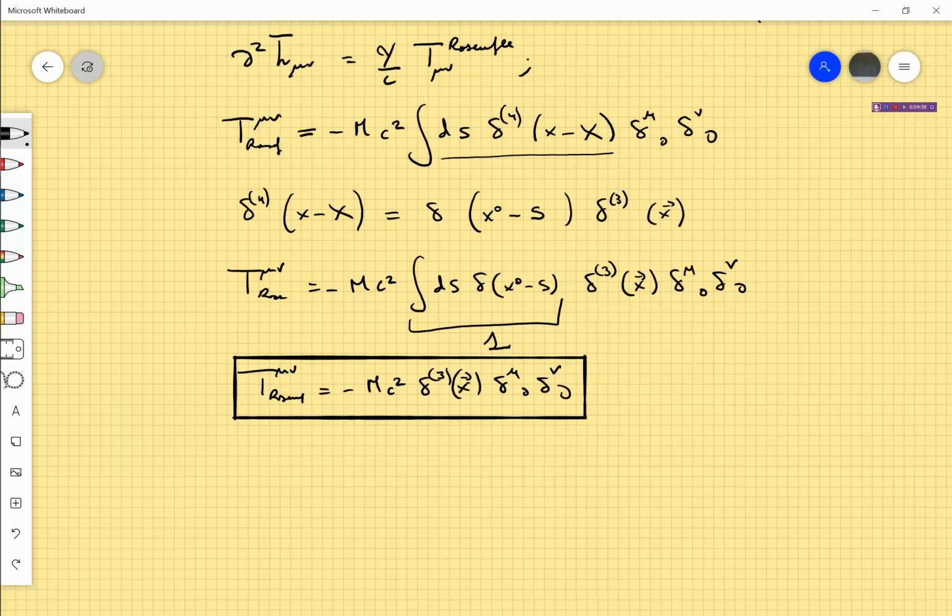Now let's go to this equation, and we have D squared h bar mu nu equal to minus chi over c, times mc squared delta 3 of x delta mu 0 delta nu 0.